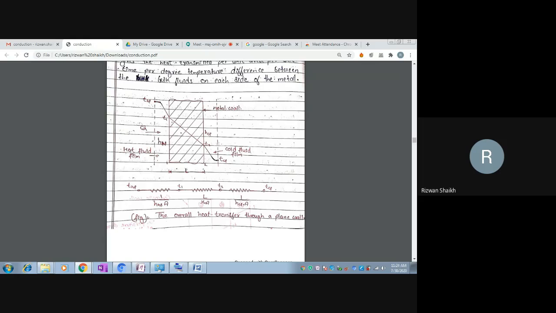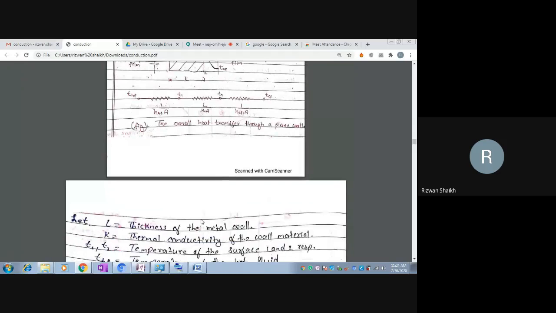On the left side, we have a hot fluid, so the convective resistance is RC, which is 1 upon HHF into A. Similarly, on the right side, the cold fluid, again we have convection, so the convective resistance is 1 upon HCF into A. And this is the diagram of overall heat transfer coefficient.